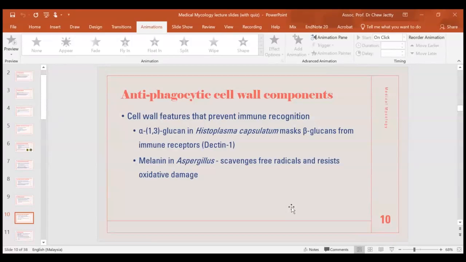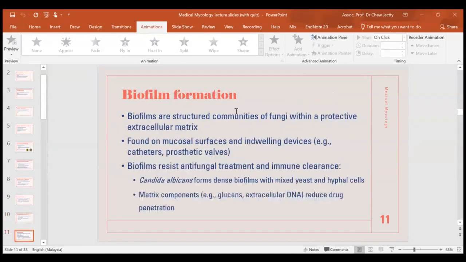So the melanin has different mechanisms here, two different roles. One is oxidative stress, the other one is free radicals. The oxidative stress is present inside the phagocytic cell. So by having this melanin production, they can overcome the phagocytic effect of the human host.